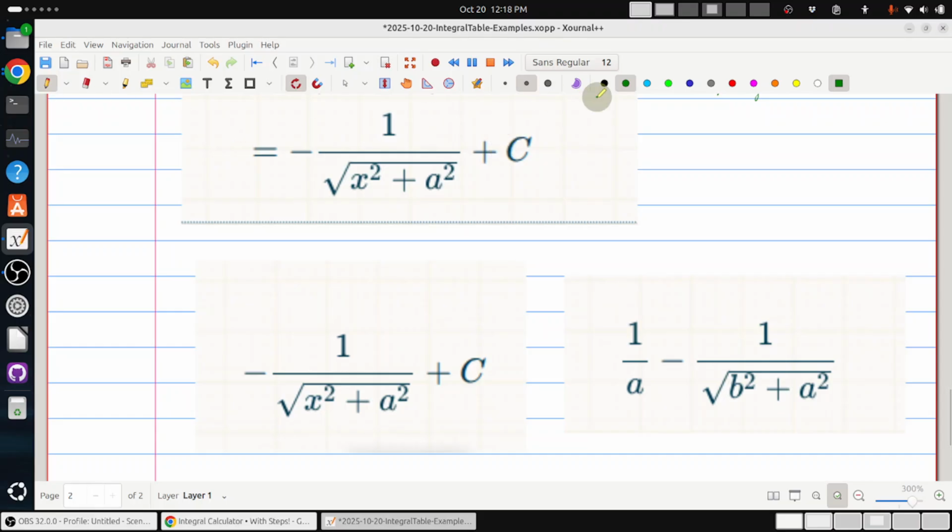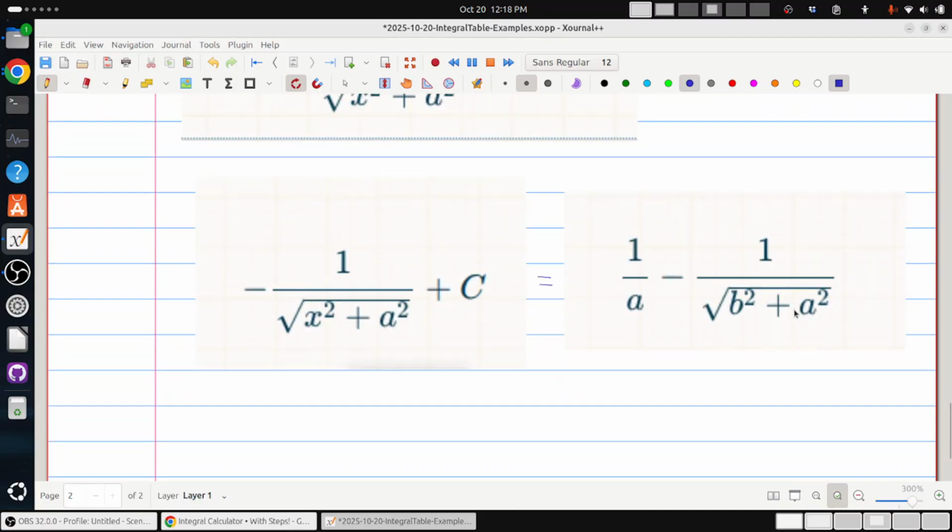If you are using this to solve upper level problems where the situation may be complex and the focus isn't on how to do the math, but on using the math to get an answer, then using something like your integral tables or your integral calculator is a really powerful tool.